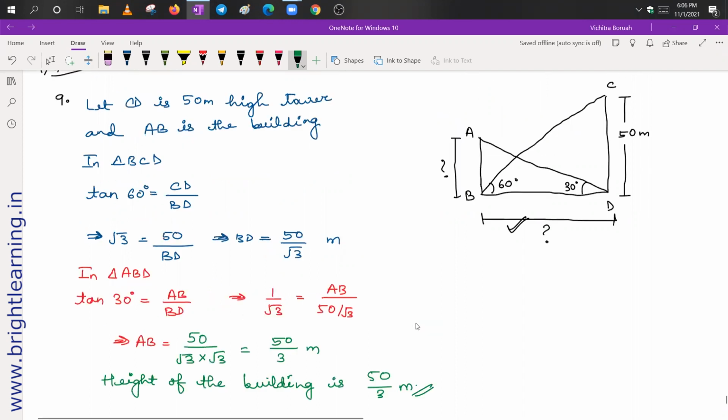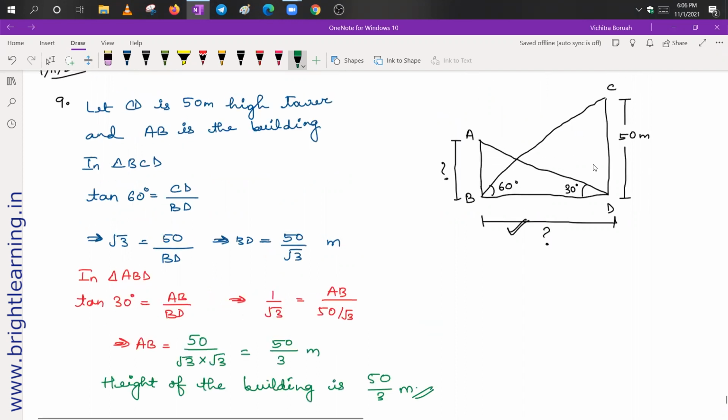Understood, students? So we were given that the height of this tower is 50 meters, and there is a building at a certain distance. From the foot of this building we are given the angle of elevation to the top of this tower, which is 60 degree, and we are also given the angle of elevation from the foot of the tower to the top of the building.